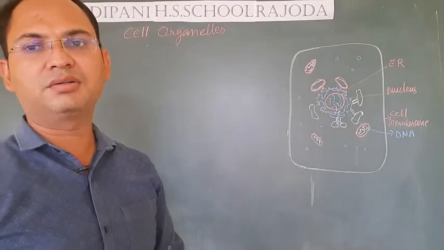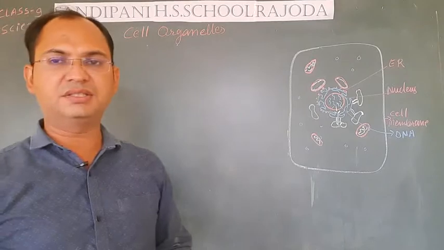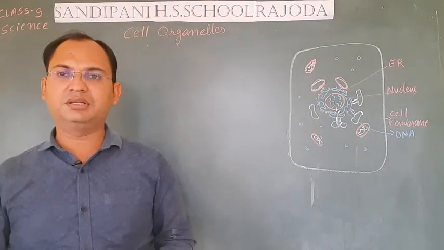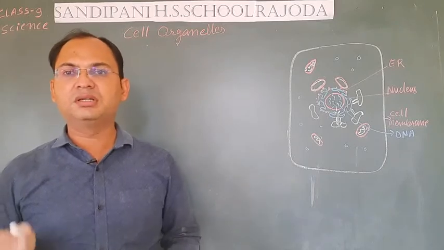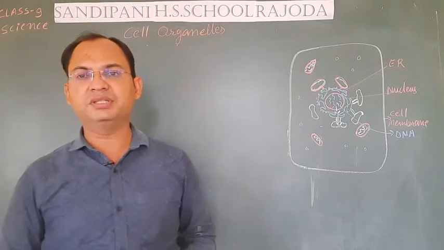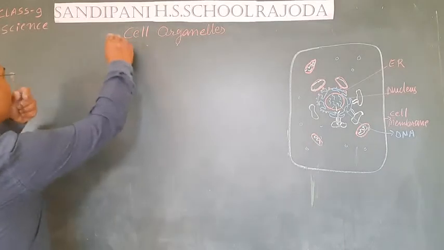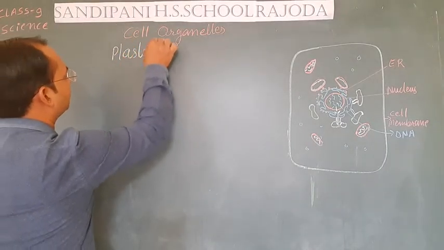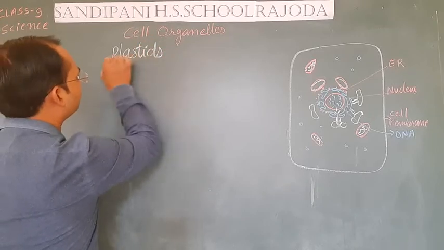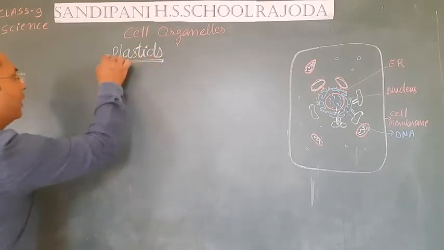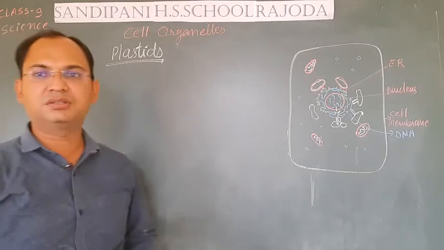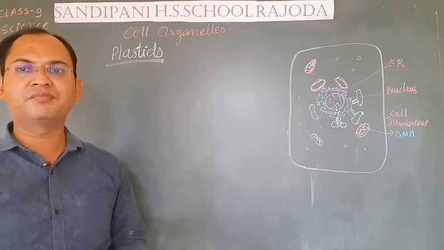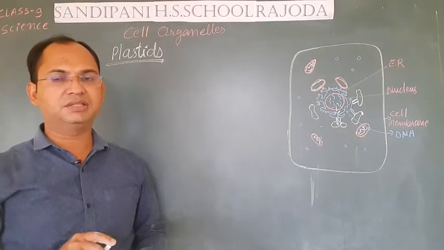The next cell organelle is, students, plastids. Plastids are the cell organelles which are only present in the plant cell and they are not found in animal cell. If you talk in terms of plants, then they are very important cell organelles in the plant cells.